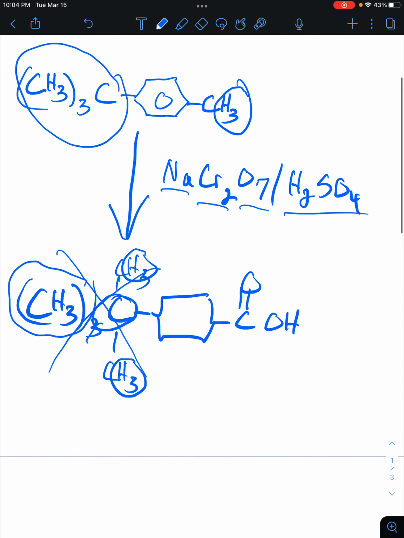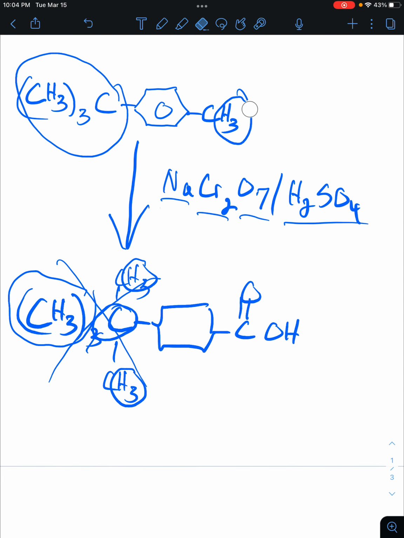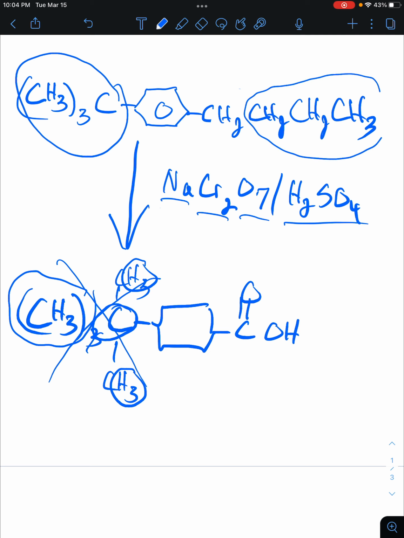No matter how many chains you had on this, if we had something similar like this, I mean, we can add carbons all day long and you would get the same product. All these carbons over here, except the benzylic carbon, get thrown out in the wash, get thrown out in solution, and you would still get the same product here.